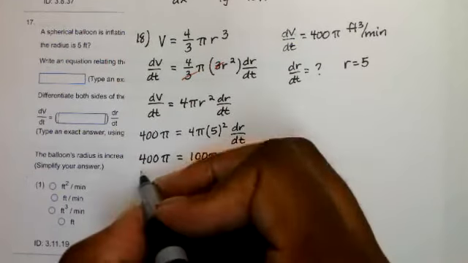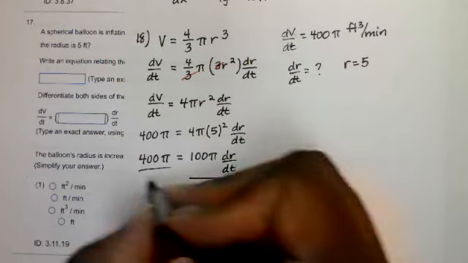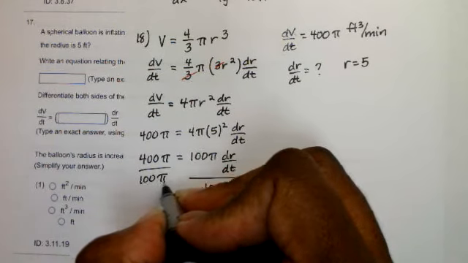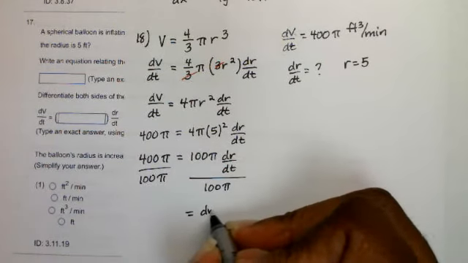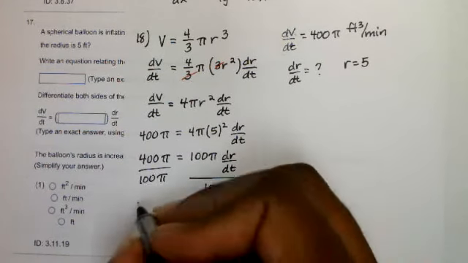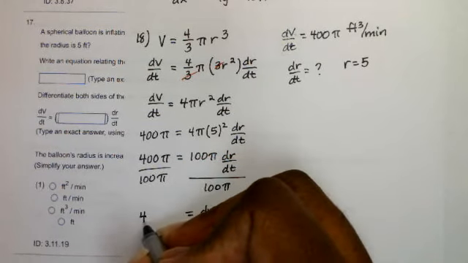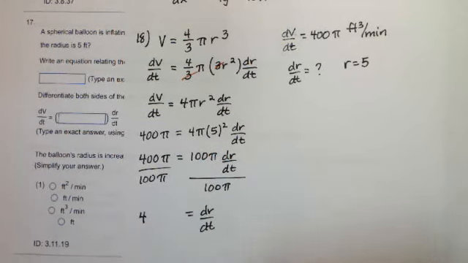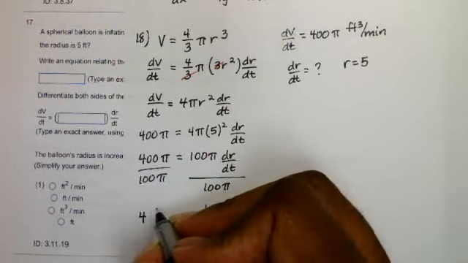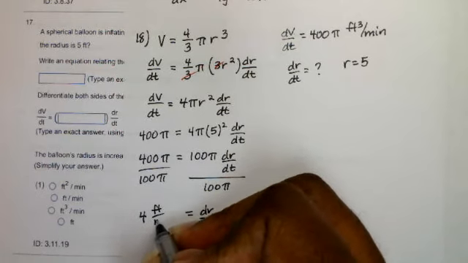Then I need to divide both sides by 100 pi. So dr dt, well, 400 pi divided by 100 pi would be 4. In this case the rate has to be in feet per minute.